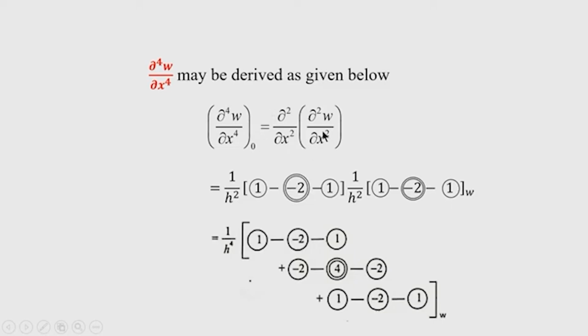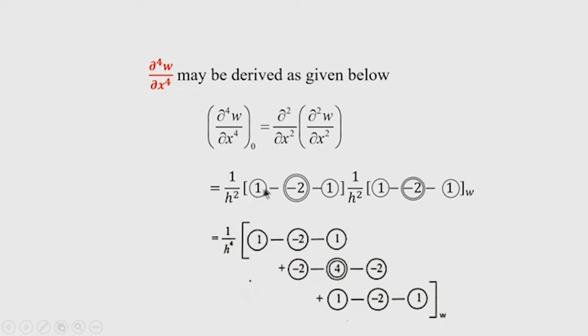So, this operator is this, and then again del square w del x square here, but here the w value is w minus 1 with coefficient plus 1, then w1 coefficient is plus 1, and w0 coefficient is minus 2.